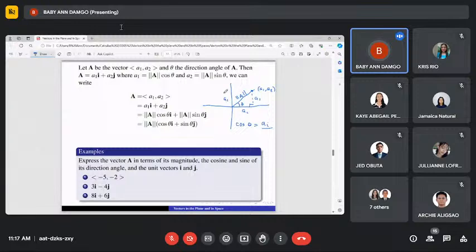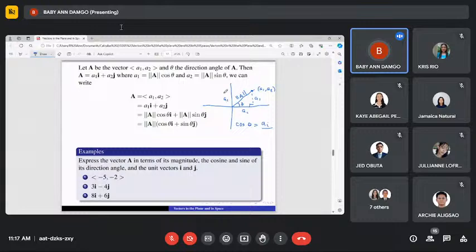Okay, and then the cosine theta. From the formula, this is A sub 1 over the magnitude of A. So we just substitute, class. This is A sub 1, this is A sub 2.